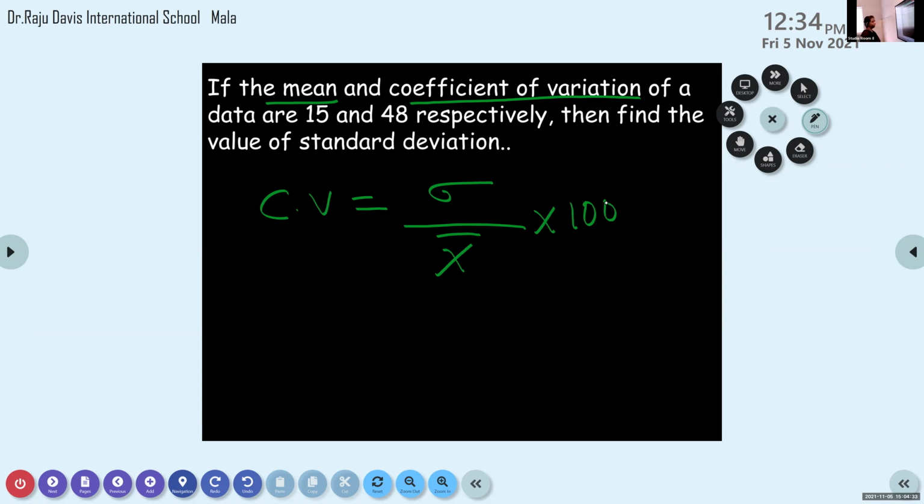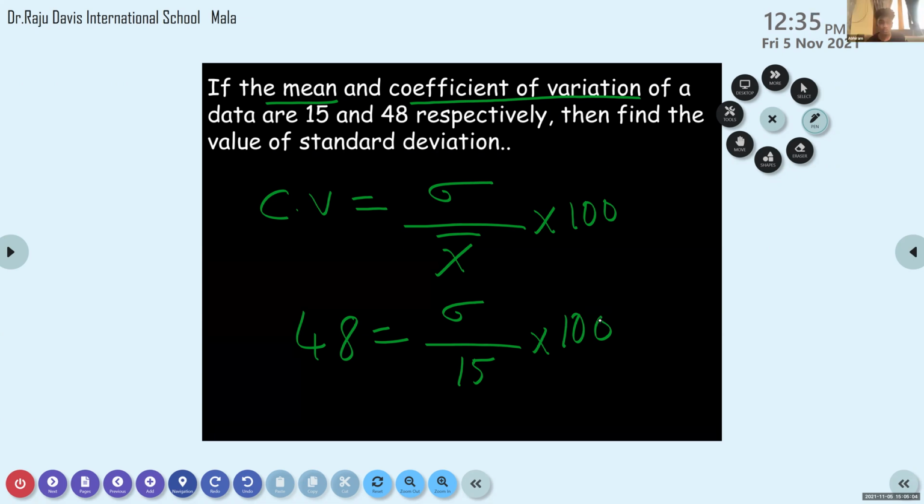What is CV given here? 48. Okay, so 48 is equal to sigma, is it given? No, right? So let it be there. X bar, what is given? 15. 15 into 100. Now you know that you can bring sigma to one side and 48 to the other side. So sigma equal to 48 by 15 into 100.